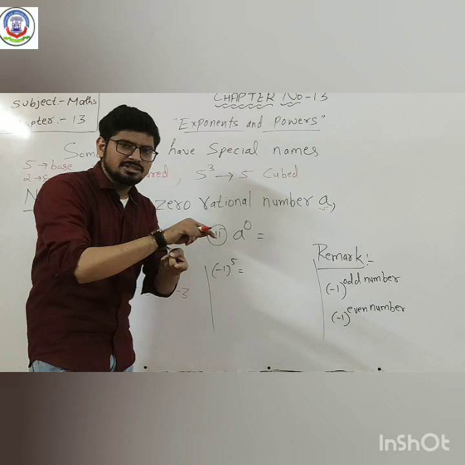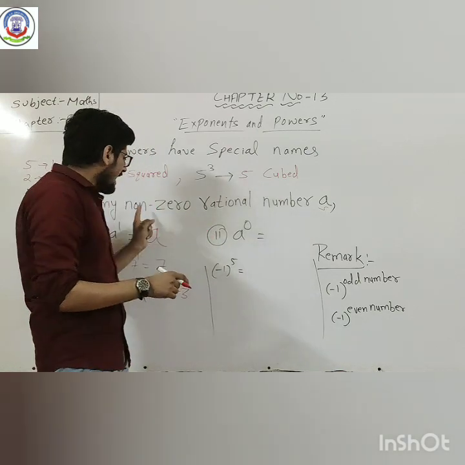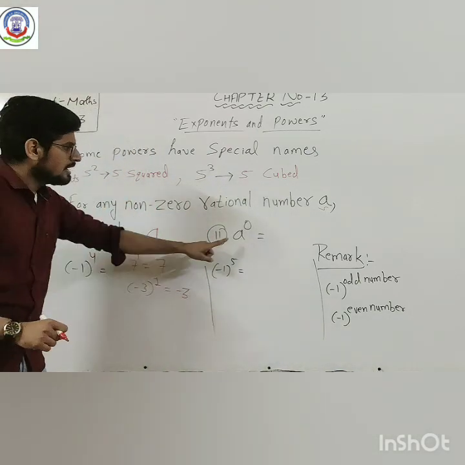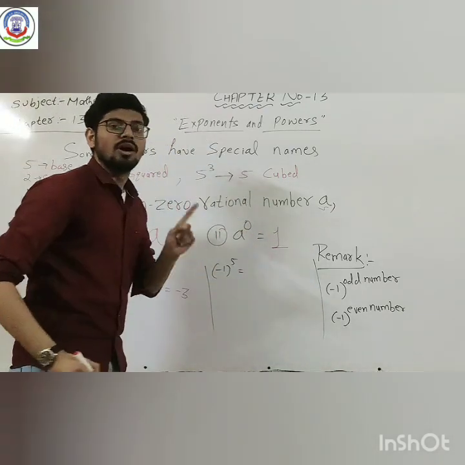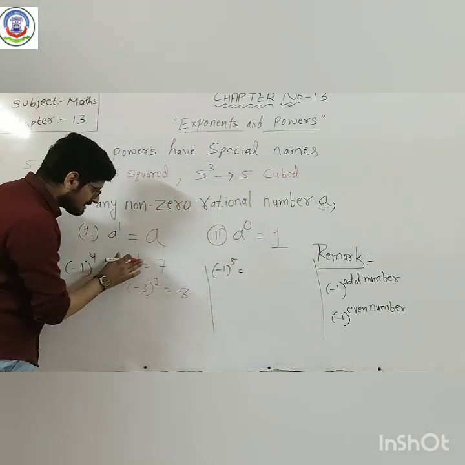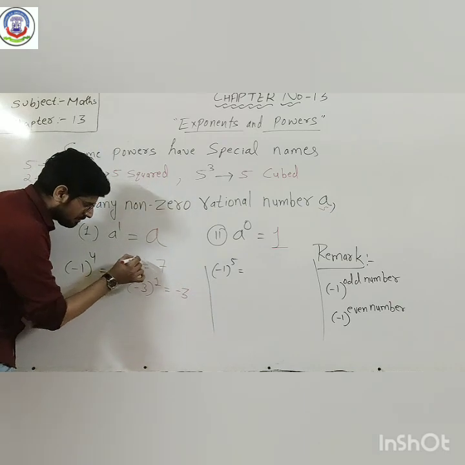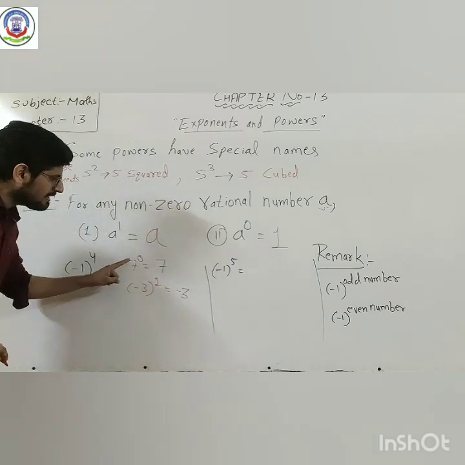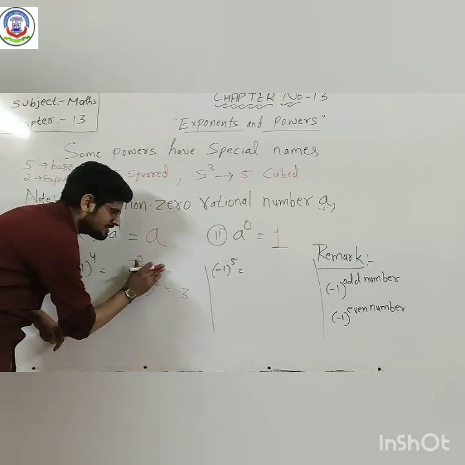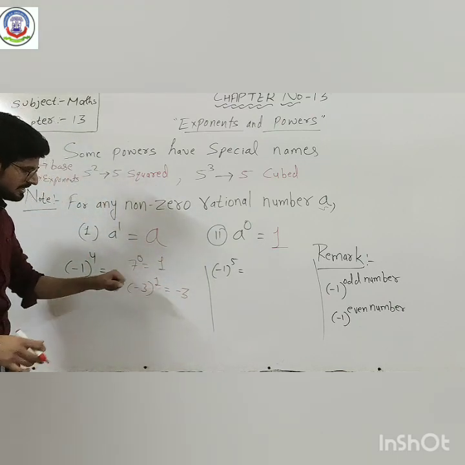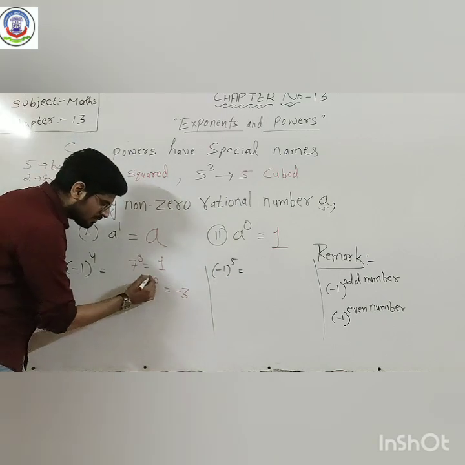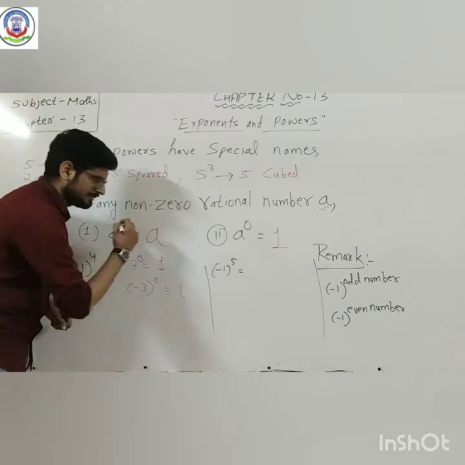Any non-zero rational number raised to the power 0 always gives you answer 1. Same case, if I take 0 instead of 1, 7 raised to the power 0 is 1. And -3 raised to the power 0 is 1.